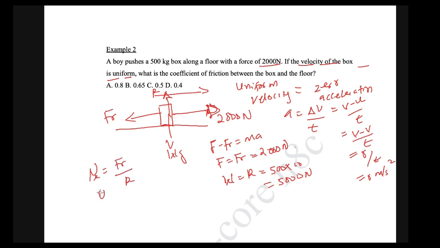So the frictional force is 2000 newtons. The normal reaction is 5,000. So this is going to equal 2 over 5. So 2 over 5 should give 0.4. So the coefficient of kinetic friction equals 0.4. And that's going to make choice D the correct answer.